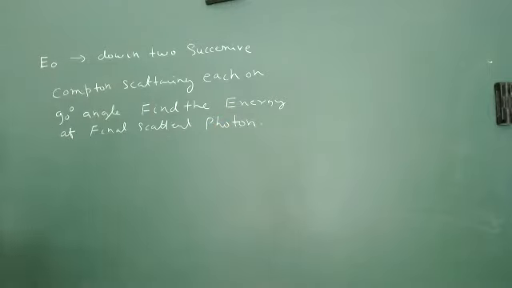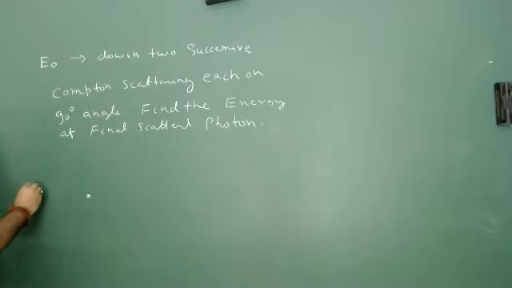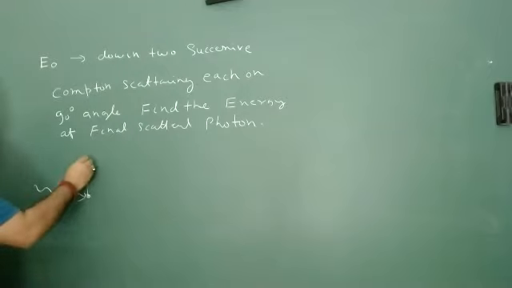So what will happen? This is very interesting. Look at it. Suppose the first electron is there, and they are scattered on electrons, so there is not any problem. So successive Compton scattering from electrons. This will come here, it will scatter, and the scattering angle is 90-degree.